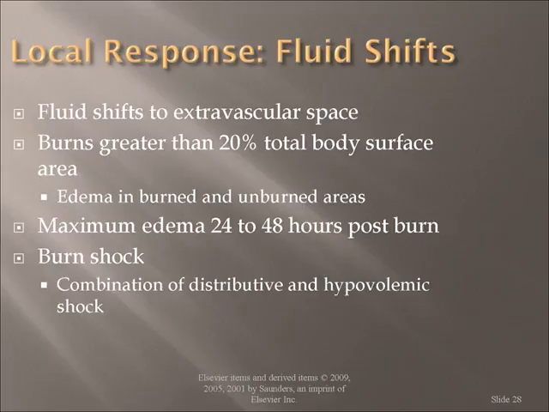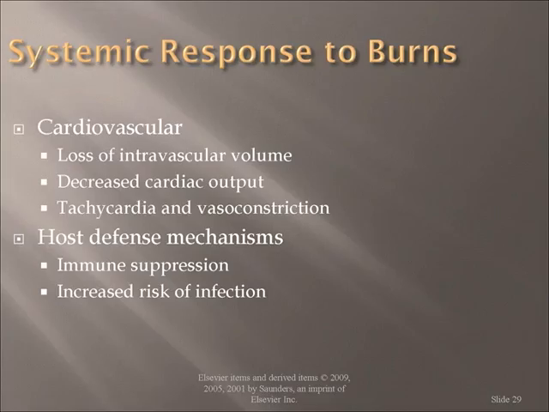And then you have to be very careful about burn shock. This is a combination of distributive and hypovolemic shock. So when you put distributive or neurogenic and then hypovolemic shock together, you have the potential for a burn shock. So the cardiovascular response to burns is that loss of intravascular volume due to the fluid shifting, which then affects cardiac output by decreasing cardiac output.